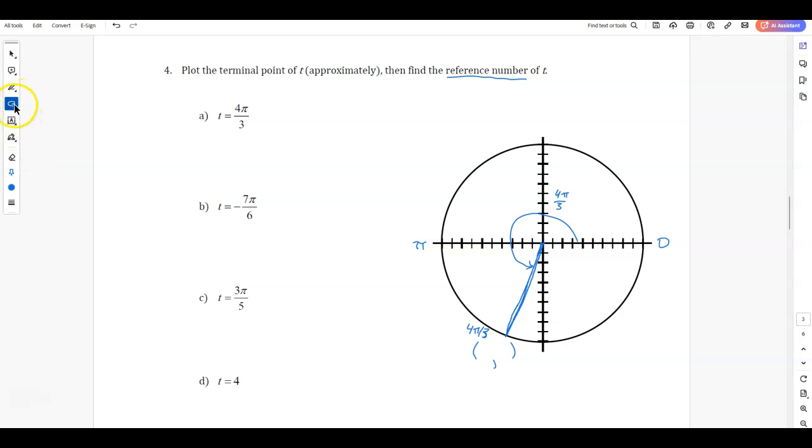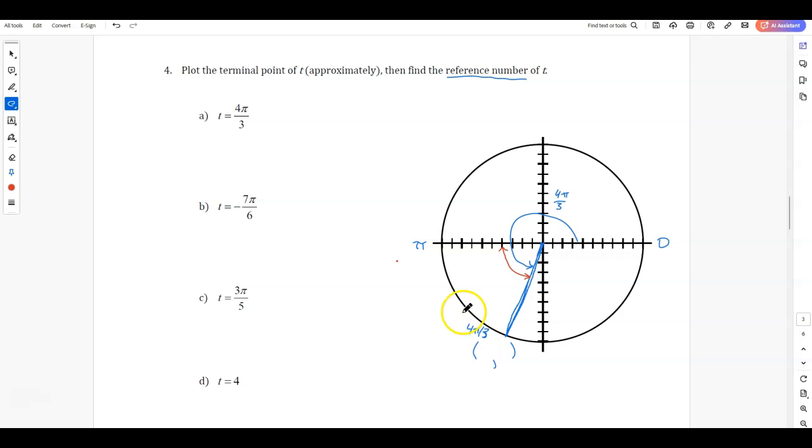I'll go ahead and see if I can switch up my color real quick. So now, how far is it to go from here to here? And we're looking at a positive value, so just that absolute value distance of how much rotation does it take to get back to the x-axis.